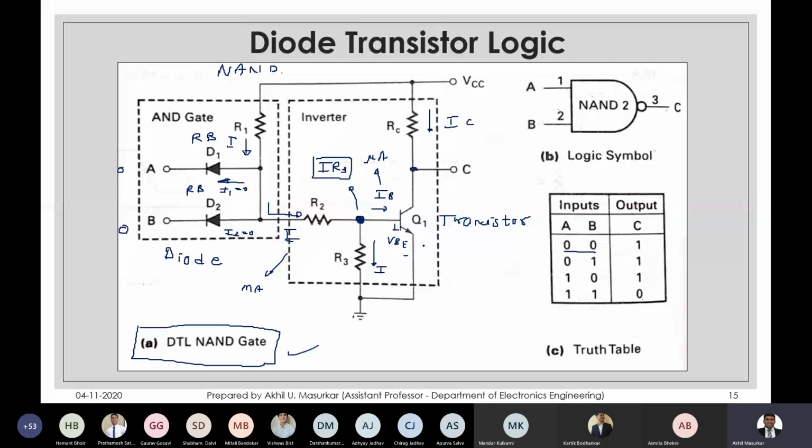So if this transistor turns on, this IC would start flowing through this IC, and the voltage that you would get here is VCC.